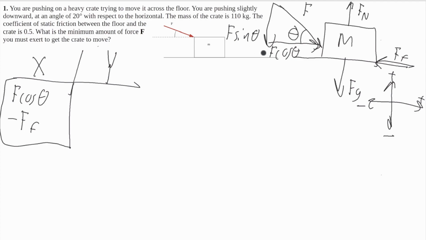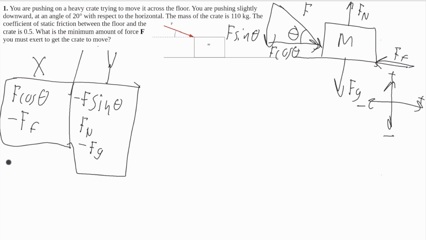Okay, now look at the ones in the y. We have F sine of theta, which is pointing down, so I'll call this negative F sine of theta. And then we have the normal force, and it's positive, so I'll call this Fn. And then we have gravity, which is pointing down, so negative Fg. And that's all of our forces in the x and the y.